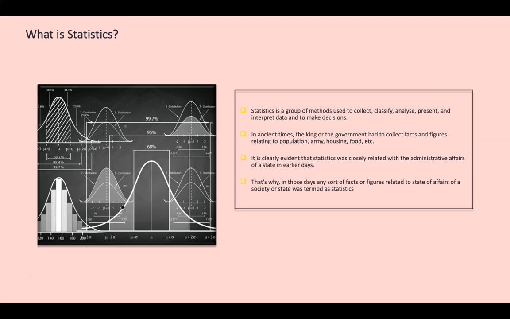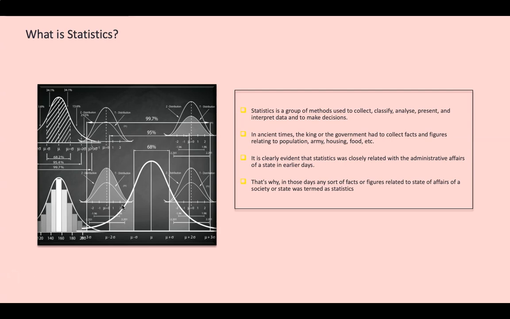In the kingdom of government, they had to collect facts and figures relating to the population, army, housing, food, etc., so that they could decide based on certain evidence. It is also evident that statistics was closely related to the administrative affairs of a state in earlier days. That's why in those days any facts and figures related to the state of affairs of a society or a state were termed statistics.